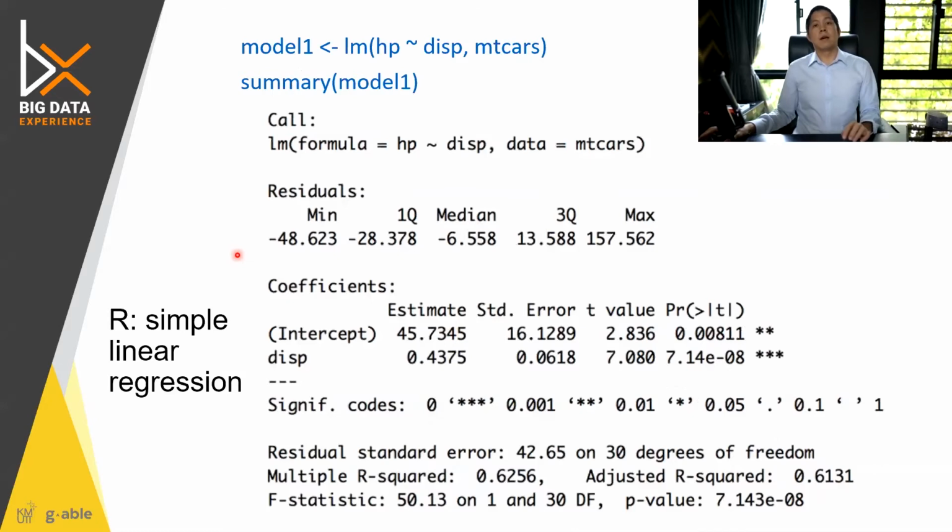Okay, we can do the same thing with another one, HP and displacement. What I want to show you here is that these two have a positive relationship. The estimate of the coefficient of displacement is 0.43.